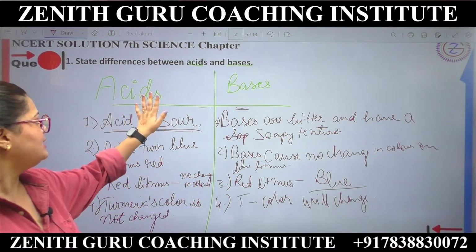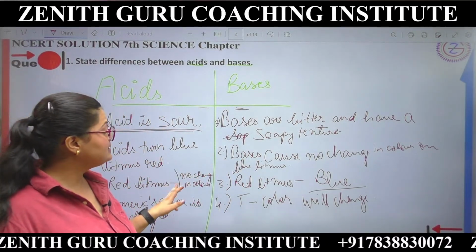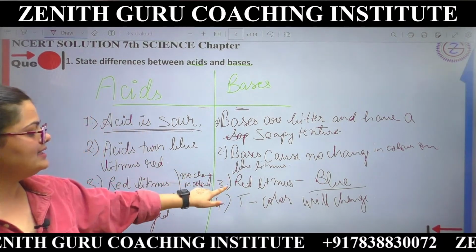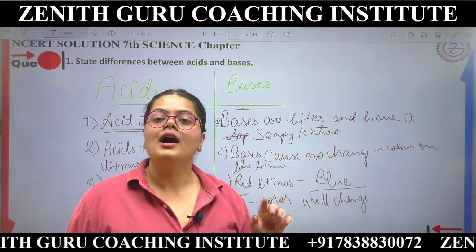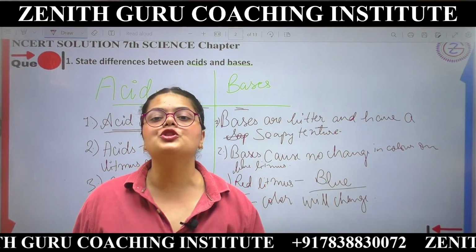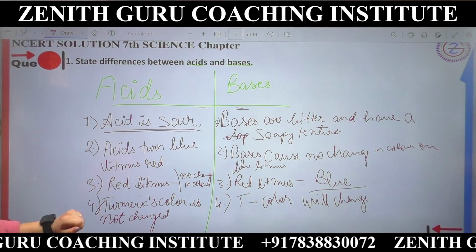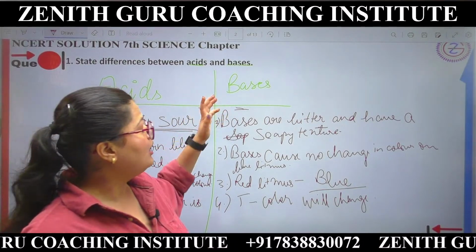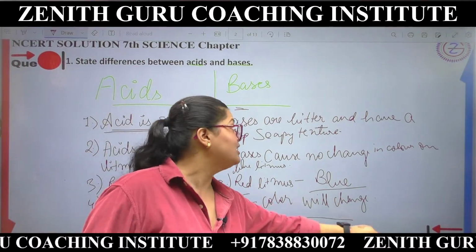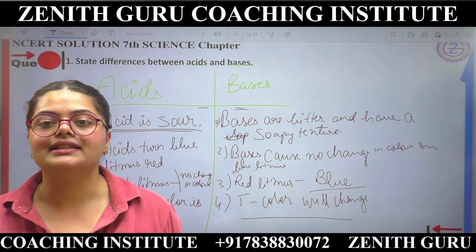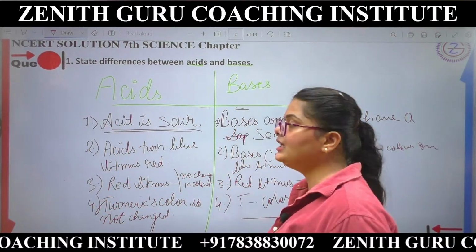Red litmus has no color change under acids, and red litmus turns blue when a base solution is tested on it. Then turmeric's color is not changed under acids, but turmeric's color changes under bases. Okay, now let's move on to the other question.